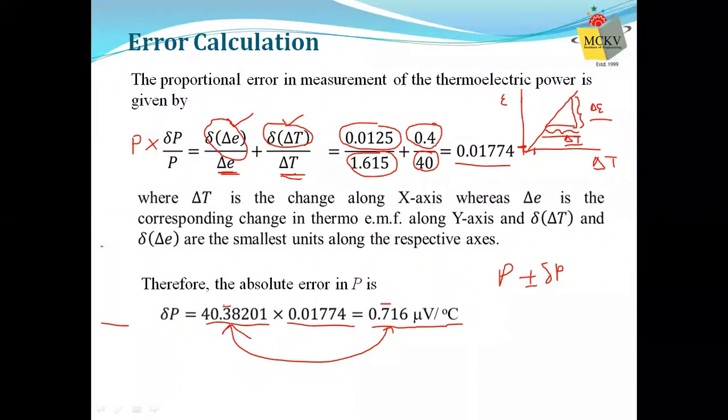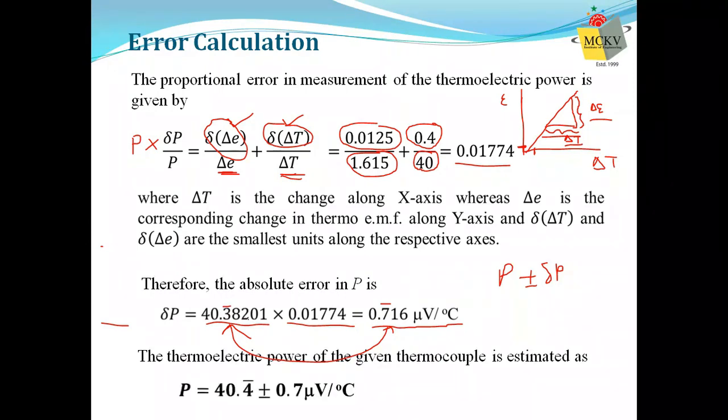We cannot write after 3, and we will round it off. So 40.38 has been rounded to 40.4. We are not sure about this, so we have truncated it, plus minus 16.7 microvolt per degree Celsius. So that is the thermoelectric power of a given thermocouple.